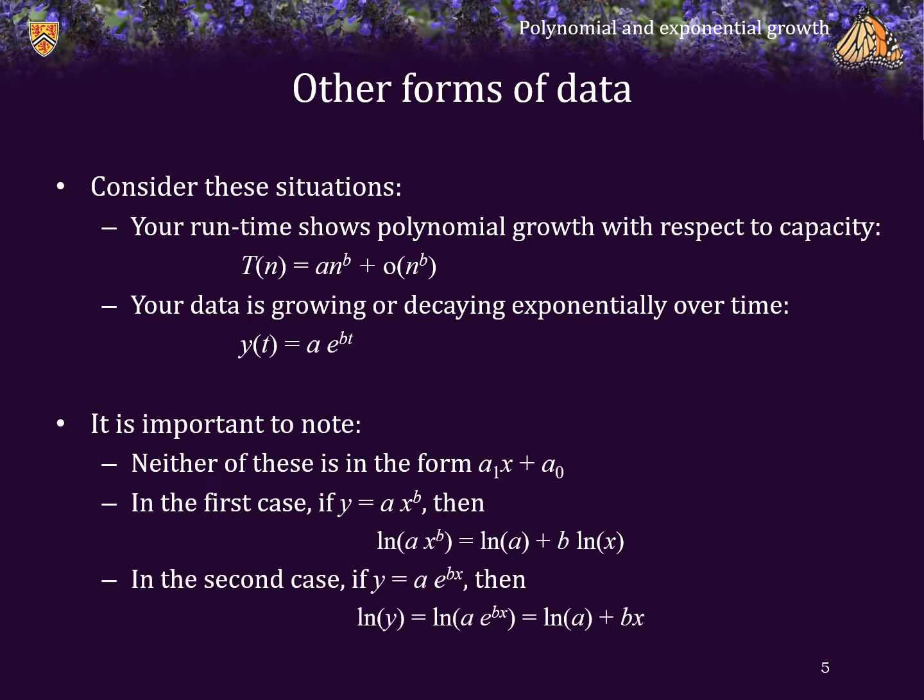In the second case, if we have it in the form y is equal to a times e to the b times x, then taking the logarithm of both sides, we have that the logarithm of y is equal to the logarithm of a plus b times x. Well, this is now nice because both of these are in the form of an unknown plus an unknown times a function of x. In the second case, it's a polynomial.